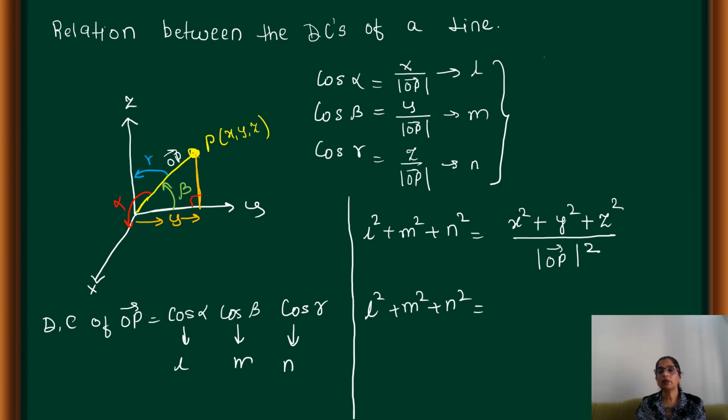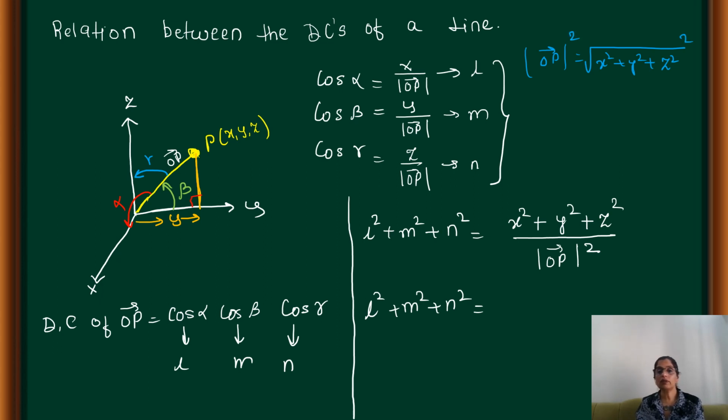We all know what is the magnitude of OP vector. Magnitude of OP vector is equal to under root of x square plus y square plus z square. Correct? So we square this up further. If you square this side, you have to square the other side.